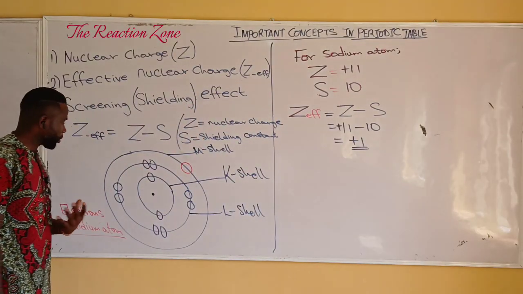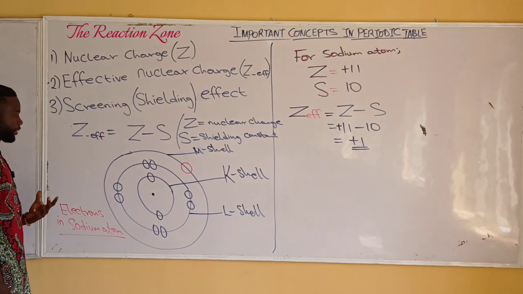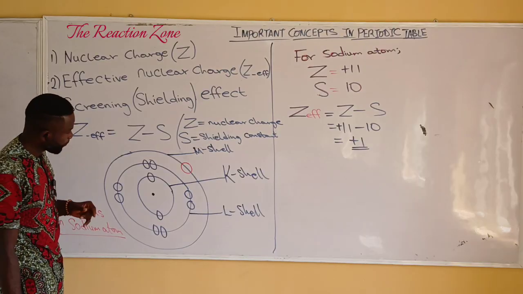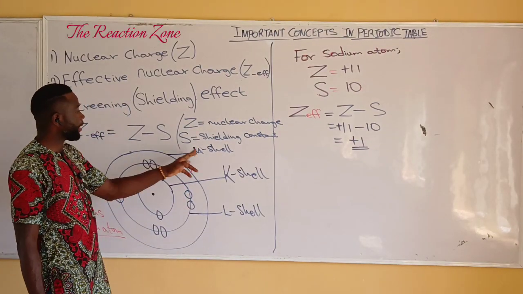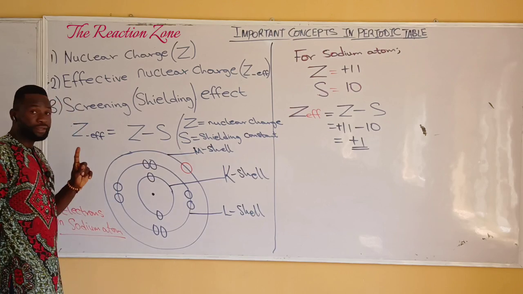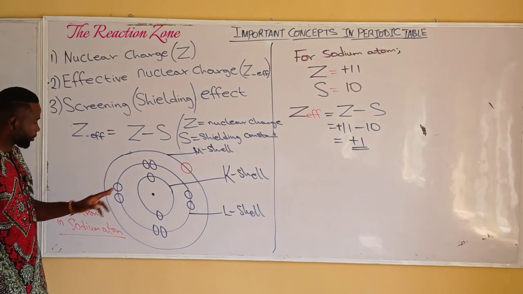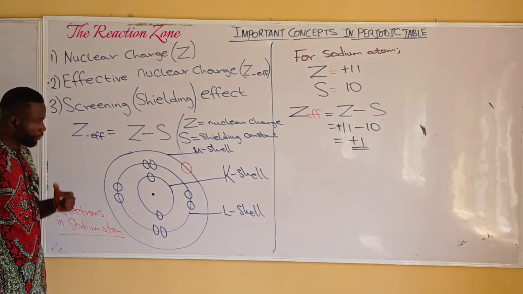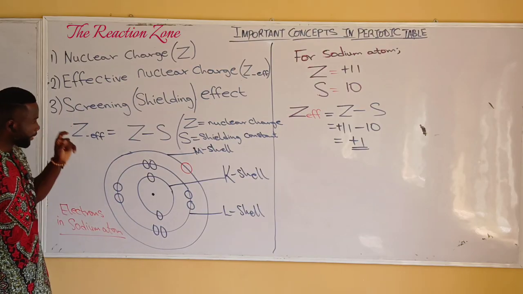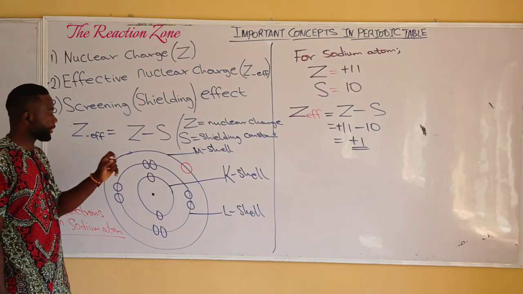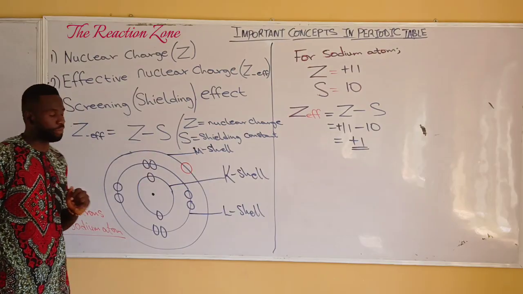The 11 electrons in sodium are arranged in three shells: the K shell, the L shell, and the M shell. The K shell comprises 2 electrons. The L shell comprises 8, and the M shell has just 1 electron.